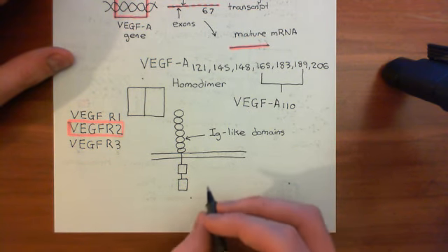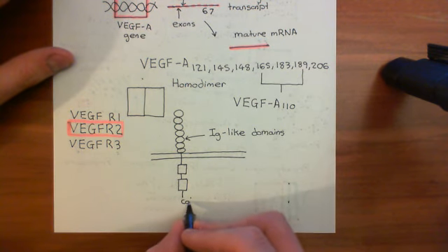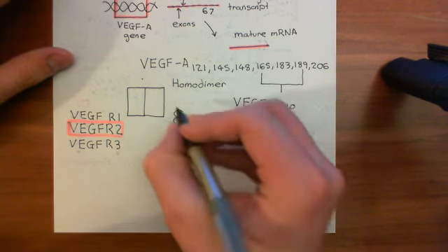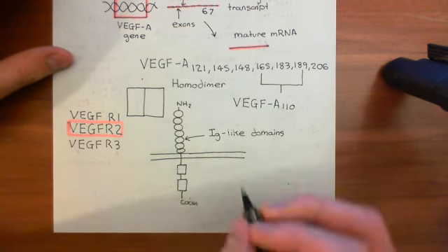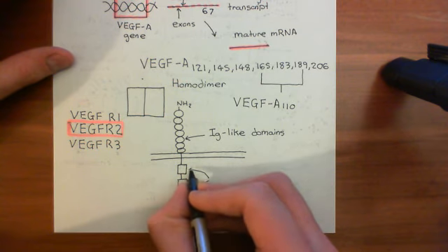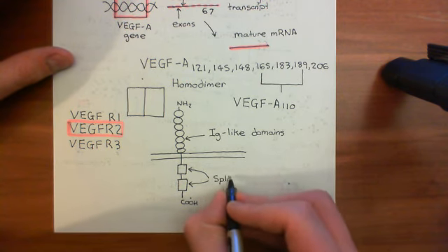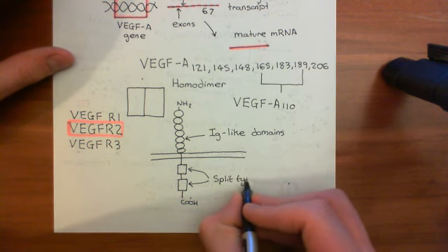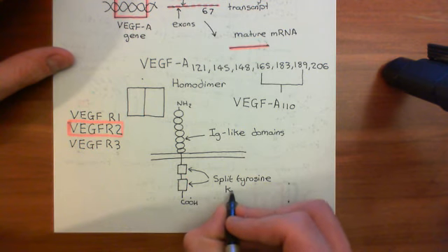Okay, so let's label these bits up, and then finally the carboxylic acid terminus of the polypeptide will be down here, so I should just label up that the amino terminus will be over here. Okay, so these 2 portions are the portions of the tyrosine kinase, so this is the split tyrosine kinase domain. Okay, so both of them are tyrosine kinase domains, basically.